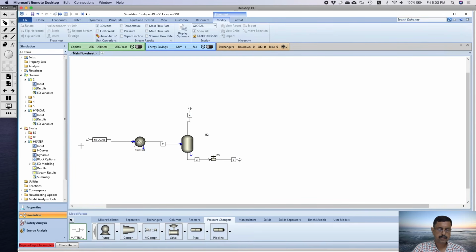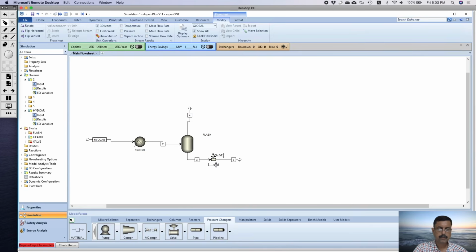So this one we write as flash and we write as valve. Now they are not defined because we have to give the operating conditions in the valve and the flash. So press next.